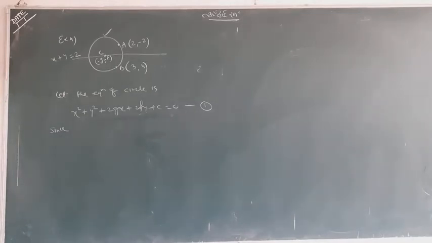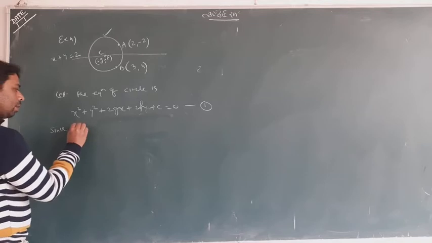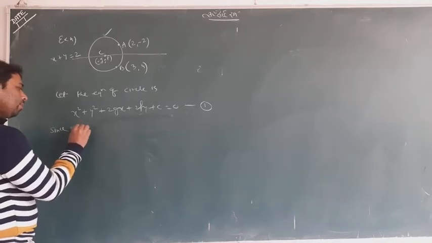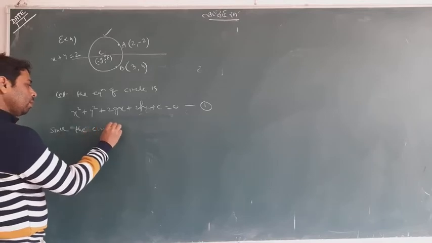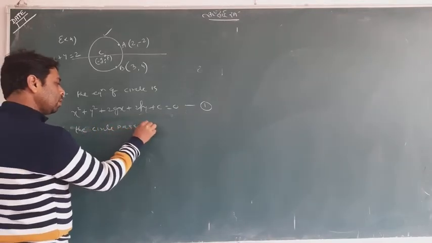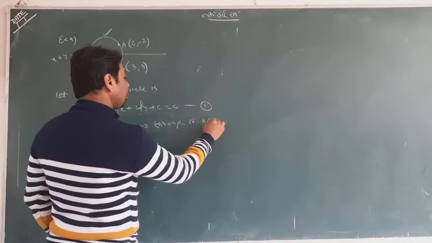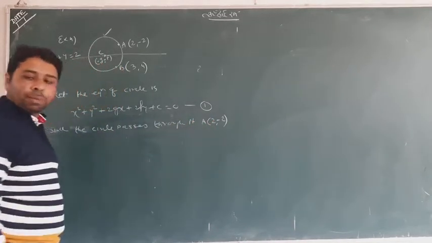So I'll write: since the circle passes through the points A and B, one by one I will write.